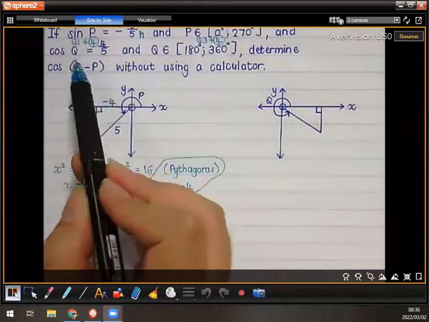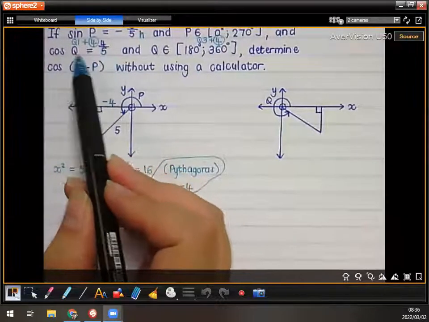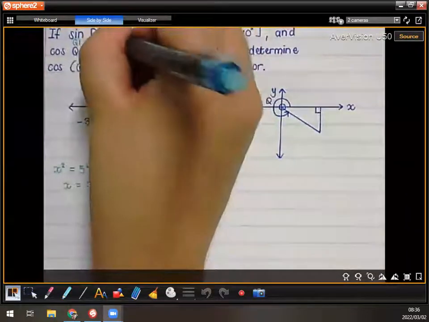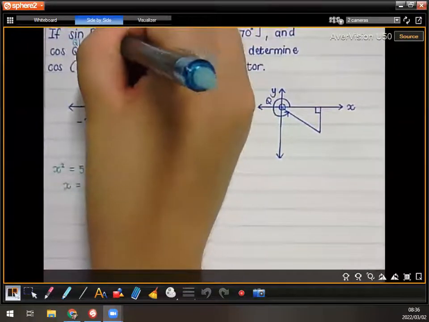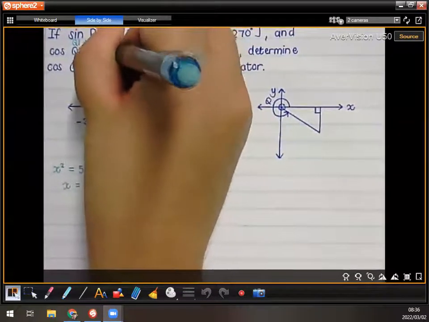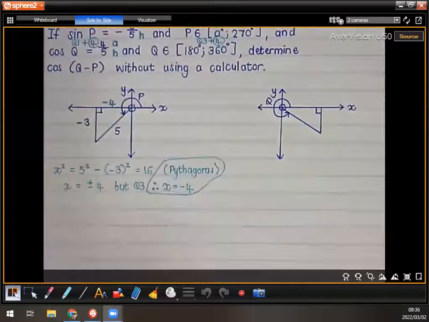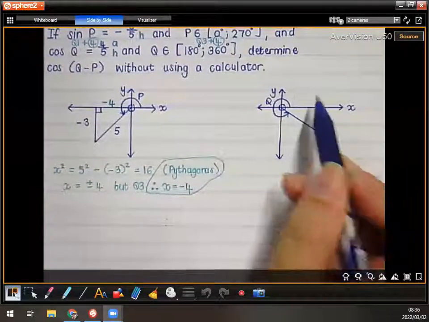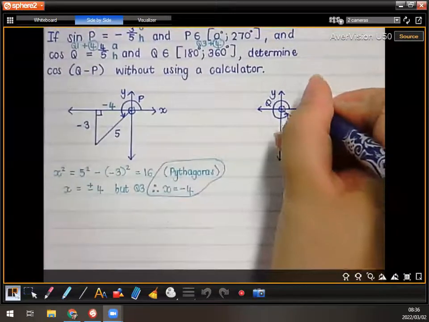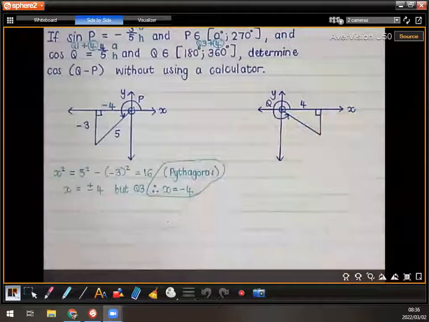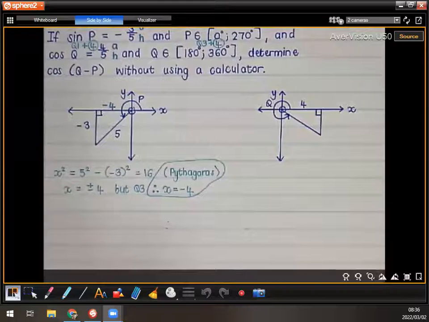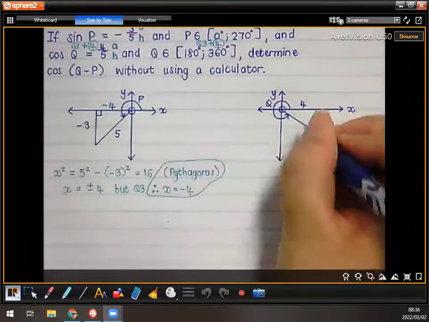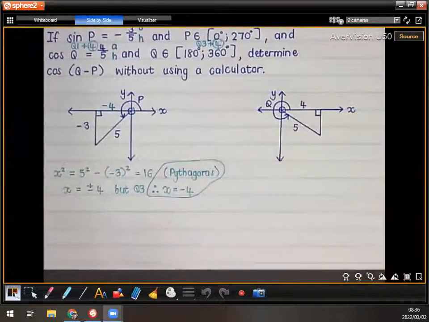So guys, when you're looking at the fraction that they gave us, we're saying that cos is 4 over 5. Now we need to remember that cos is adjacent to the hypotenuse. So if this is our angle, the adjacent side is 4, right? And that obviously has to be positive 4 because it is on the positive side of the x-axis. And then the hypotenuse is going to be 5.